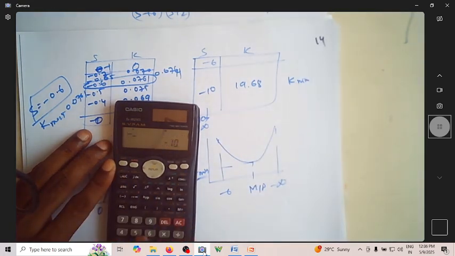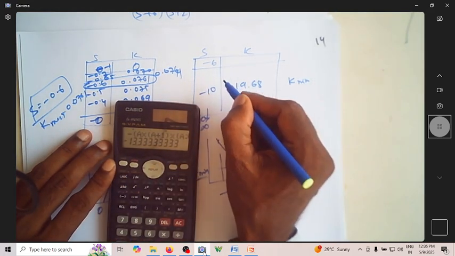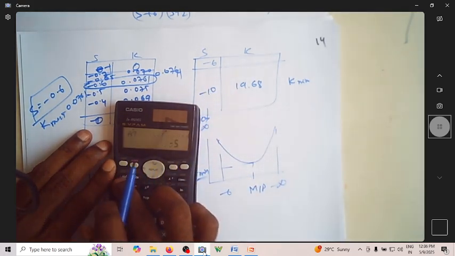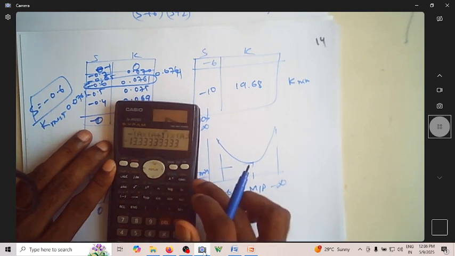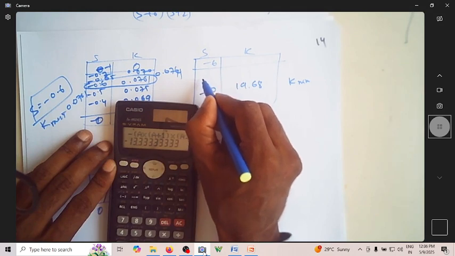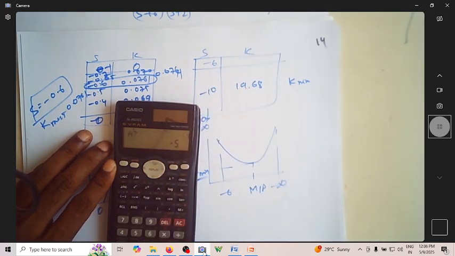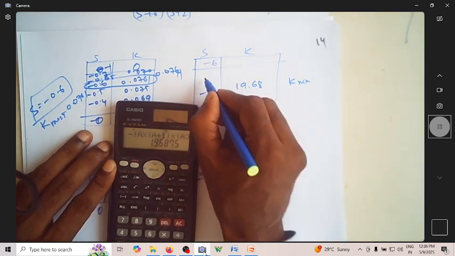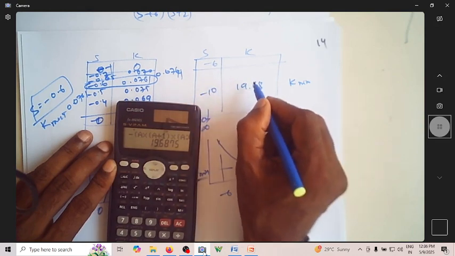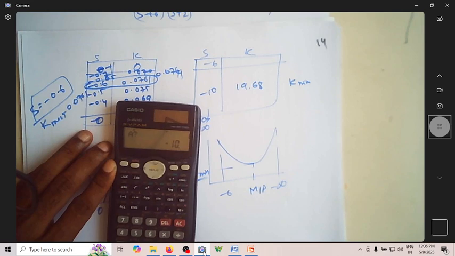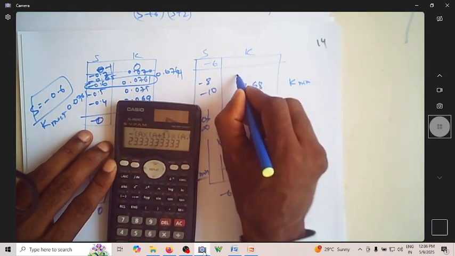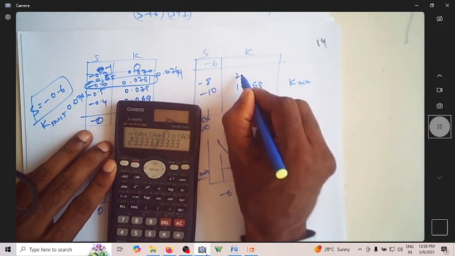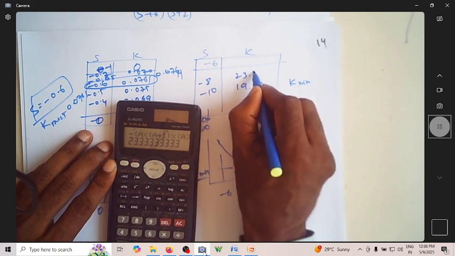Calculate for -5. So for -10 it is this. Then calculate for -8. For -8 it is 23.33.